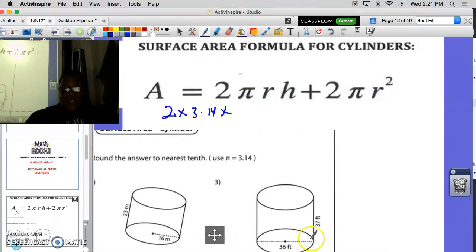As you can see, the line on this one goes all the way across. That is not the radius, it's the diameter. The radius is only halfway across. I've had some students ask, how do I know what the radius is if it gives you the diameter? Easy. Divide that number by 2. Or think, what's half of this amount? Half of this amount is 18.